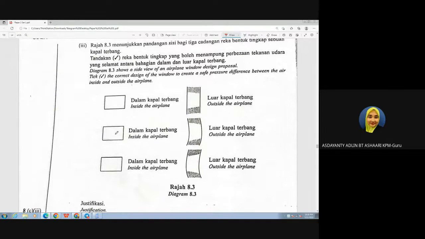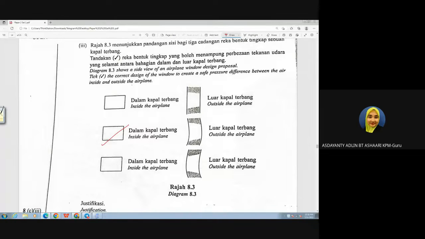So, which one? Straight only? Or curve inside the airplane, curve outside the airplane, like this, the second one, or the one like number 3? Second. Okay, second is correct.